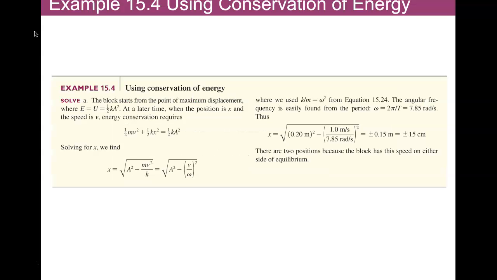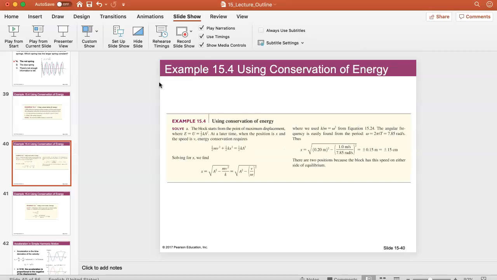Right, so that's basically the energy conservation. And yeah, so that seems about right. So we have 0.2 squared minus 1 over, let's say, 7.85 squared.